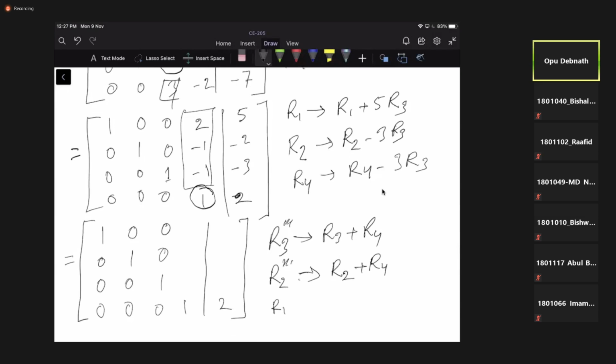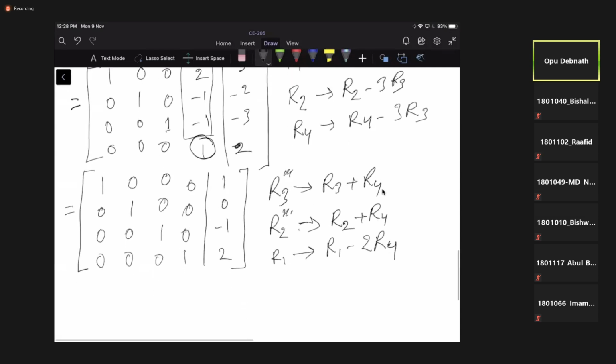Similarly, R1 will be R1 minus 2R4. Okay. All this gives 0 1 0 minus 1 2. So at last we reach our target.